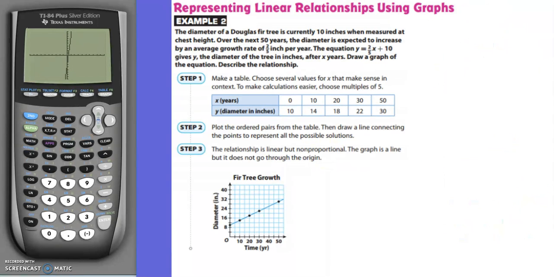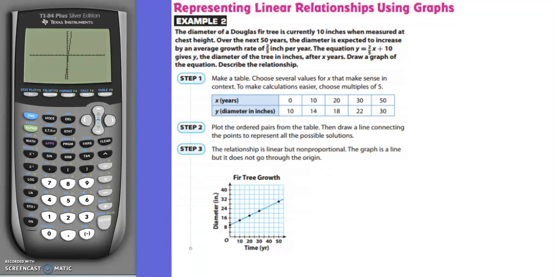Example 2. On example 2, it says the diameter of a Douglas fir tree is currently 10 inches when measured at chest height. Over the next 50 years, the diameter is expected to increase by an average growth rate of 2/5 inch per year. The equation y equals 2/5 x plus 10 gives y, the diameter of the tree in inches after x years.